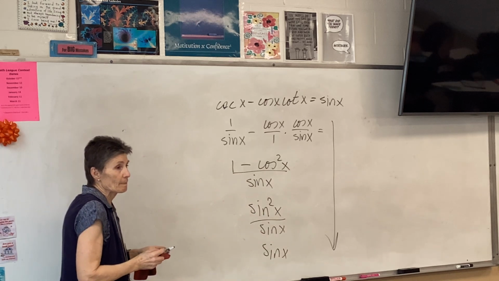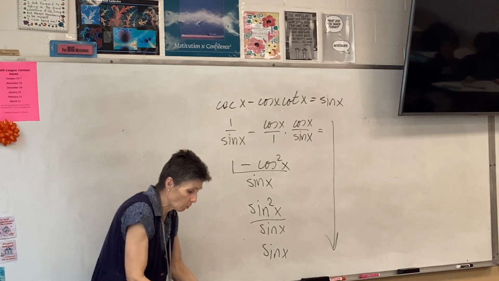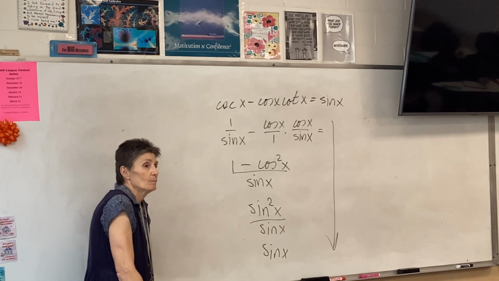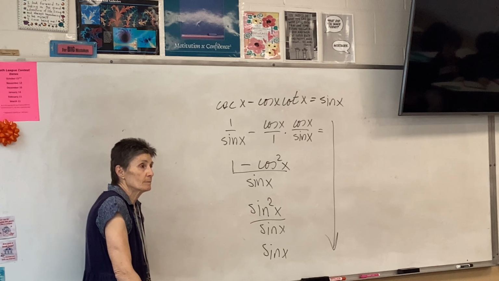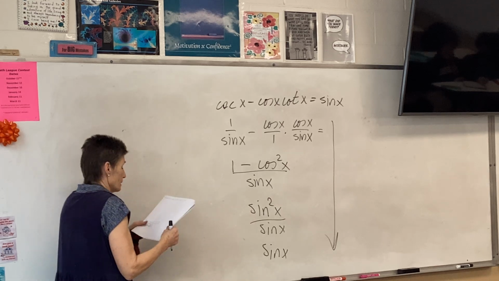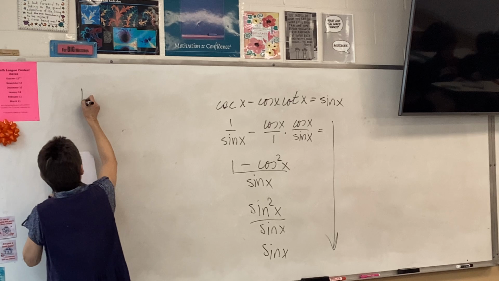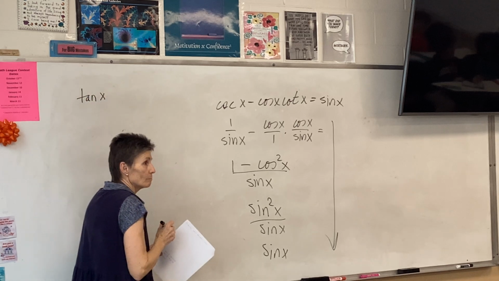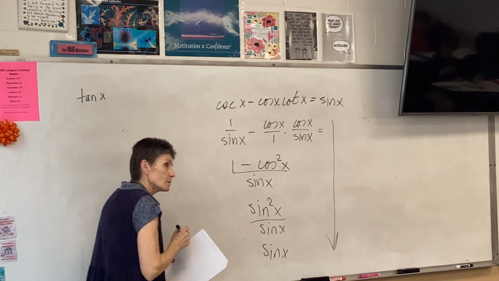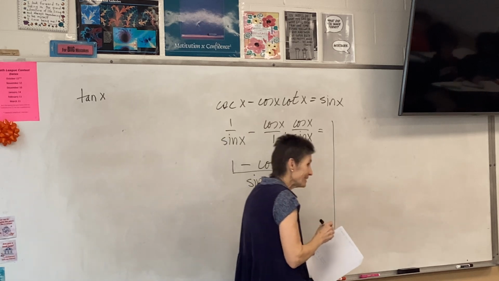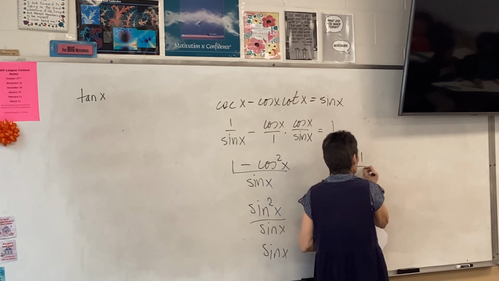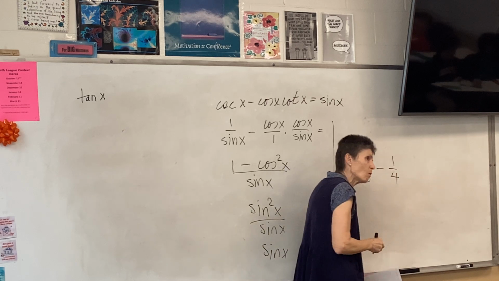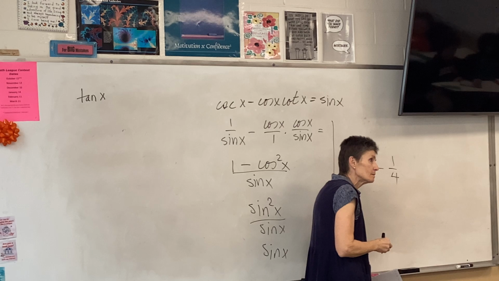Alright, now we got one more. Is it not saying sine x minus sine x for the denominator? Where are you seeing that? We have 1/3 minus 1/4. You don't do 3 minus 4.